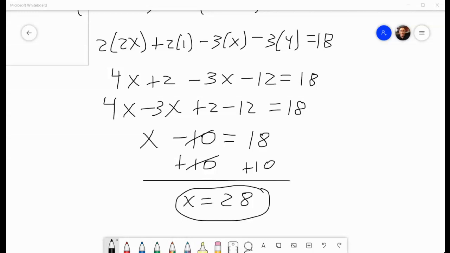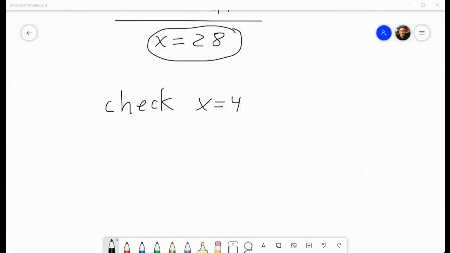Let me see something though. x at 10, it's 28. So let me check. Okay, so we're going to check x equals 4. Okay, let's see if you're right, because you could be right. Although I'm pretty confident mine is right, but let me see.